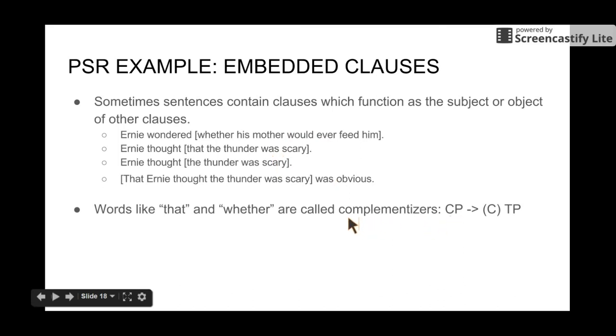C stands for complementizer, and that and whether are the head of C. So the rule for CP is that CP consists of an optional C and a sentence. Because that sometimes is optional. For example, if we compare these two sentences, that is optional. In other words, C is optional for CP.